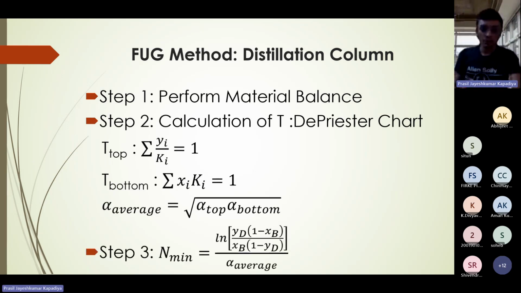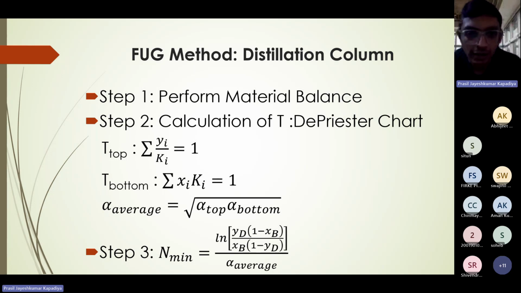Step three, everyone knows this equation, right? N minimum is equal to ln[(yD/(1 minus yD)) times ((1 minus xB)/xB)] divided by ln alpha average. So will this alpha be dependent on temperature or not? Yes, it will be dependent on temperature. So to use this equation, we need to know the temperature of top and bottom, so we need to perform a calculation of temperature.